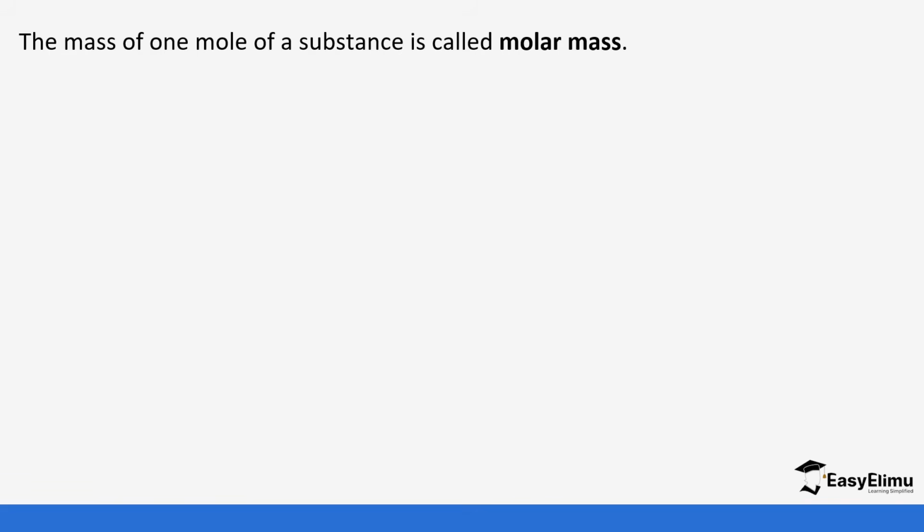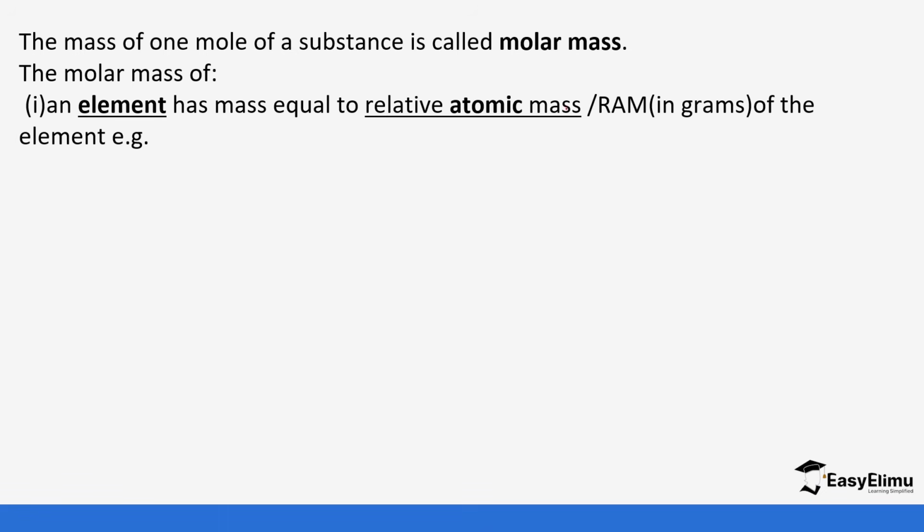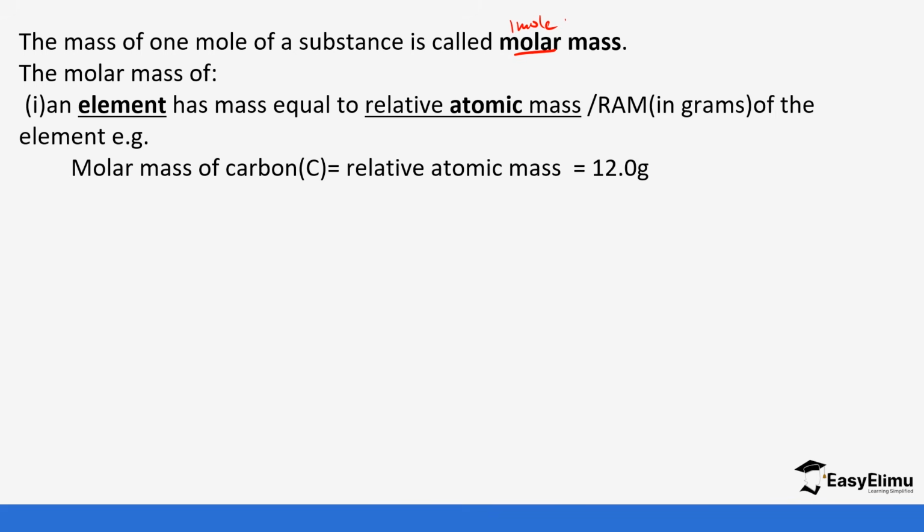The mass of 1 mole of a substance is usually referred to as molar mass. You can see even from the word molar, it means 1 mole. The molar mass of an element is equal to the relative atomic mass in grams of the same element. For example, the molar mass of carbon is 12. You will always be given these values when you're given questions to calculate. So every 1 mole of carbon has 12 grams.